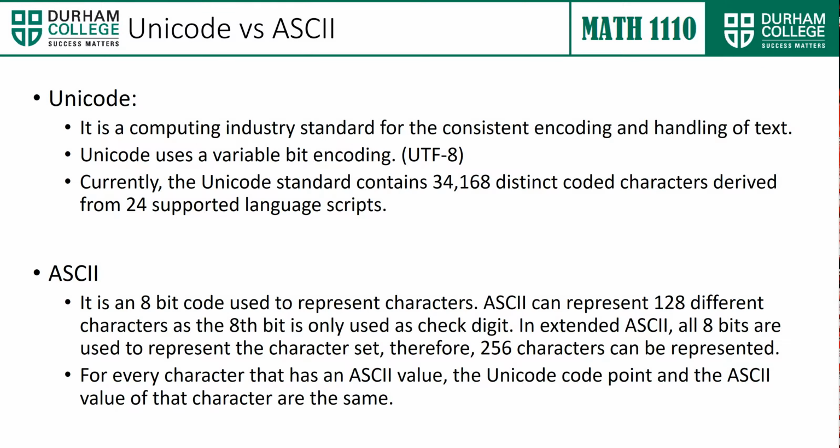It uses something called variable bit encoding. Variable bit encoding means that it uses the number of bits that are required. So if, for example, your document includes more languages and characters for different languages, it might move on to 16 bits. Otherwise, it would stay at 8 bits.